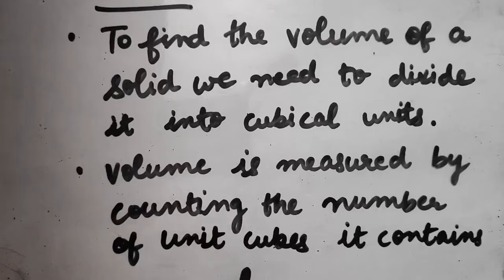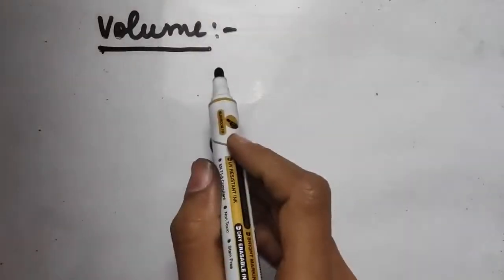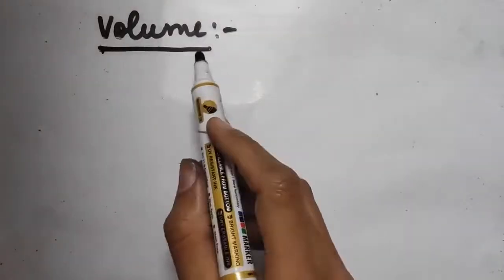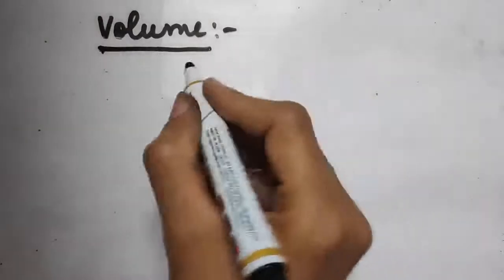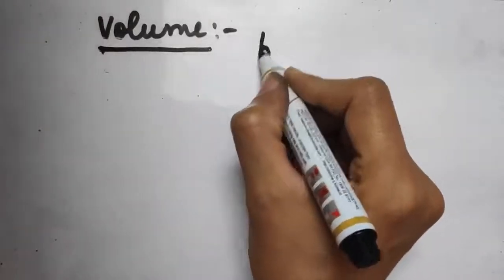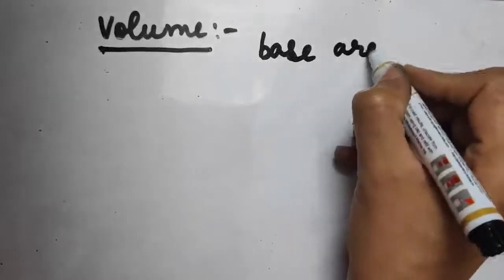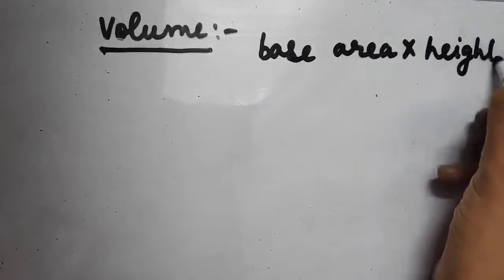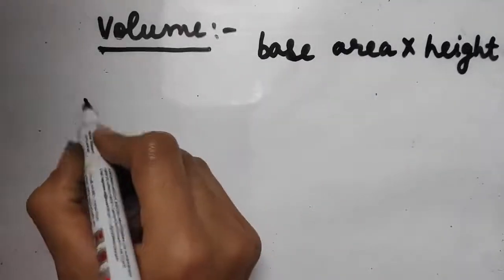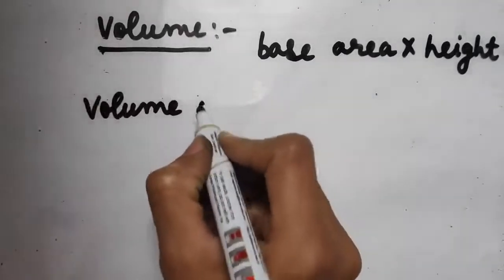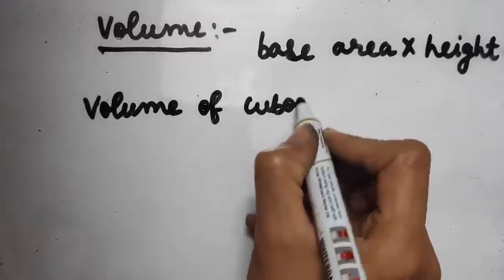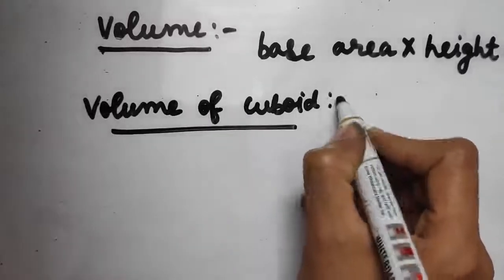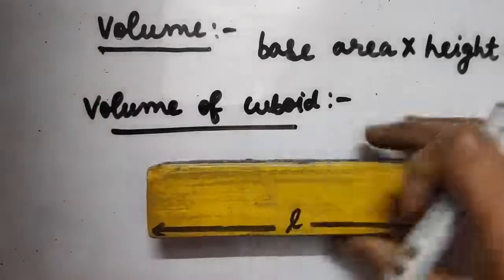Now I will be discussing the general formula to find the volume of a solid. The general formula to find the volume of any solid is given by base area into height, or area of base into height. So if I talk about the volume of cuboid, this is a cuboid.